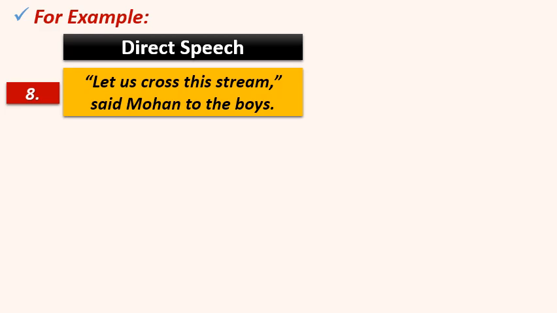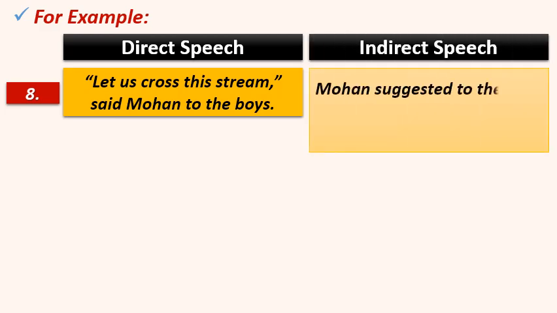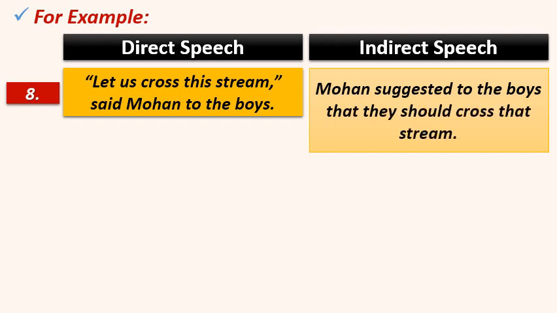If the sentence begins with let us and it is a suggestion, then us in the reported speech is changed as follows. I have explained this in previous slides. In all other cases, if the third person is there, the word us is changed into they. So the sentence will be, Mohan suggested to the boys that they should cross that stream.